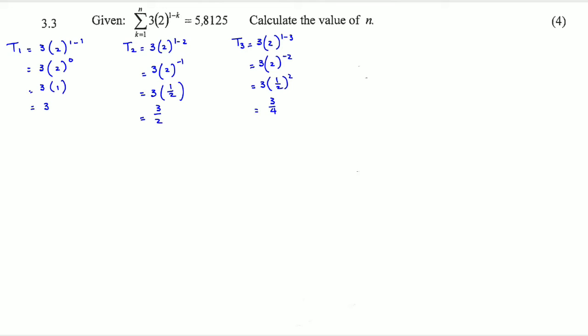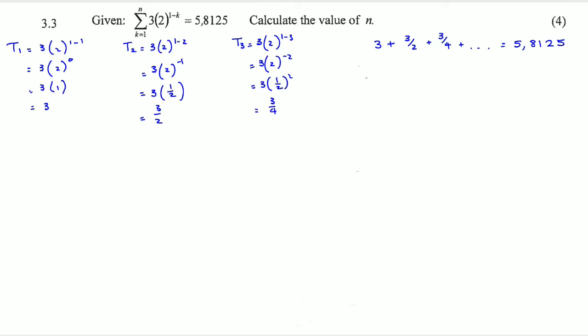So now we have the first three terms, and we can write down the series: 3 plus 3 over 2 plus 3 over 4 up to term n, equal to 5,8125.